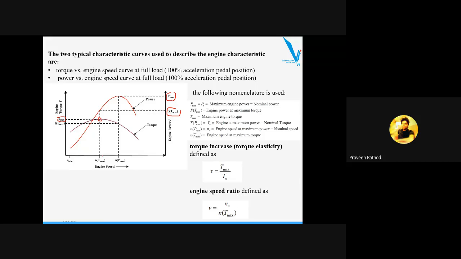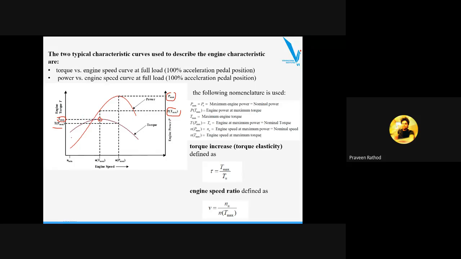TPmax is the engine torque at maximum power, that is, at nominal power. Then NPmax is the engine speed at maximum power, or nominal speed, and NTmax is the engine speed at maximum torque.